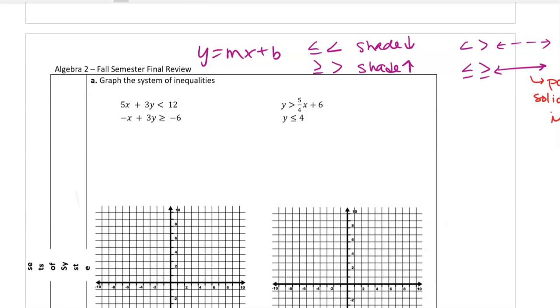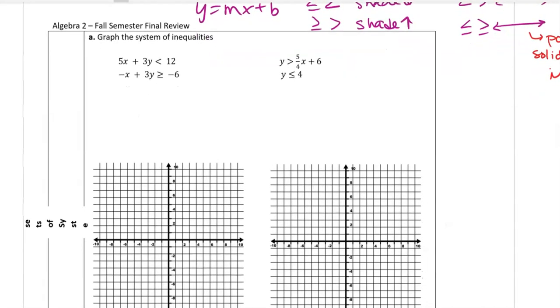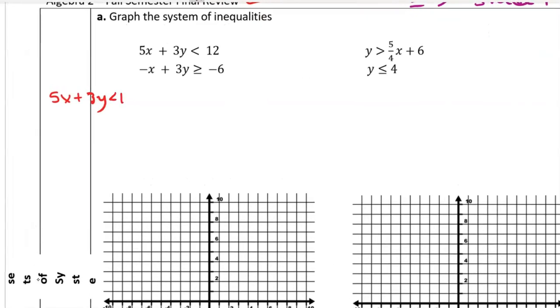All right, to continue, we need these to be in slope-intercept form as we set up here. So we need to solve for y. So starting with the first one, we have 5x plus 3y is less than 12. Solving for y, we would subtract the 5x to the other side.